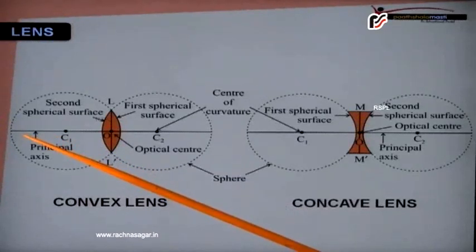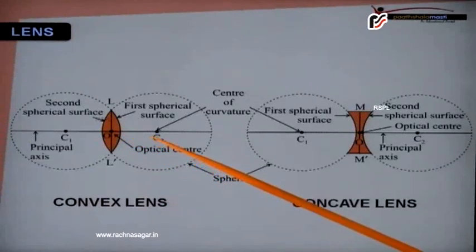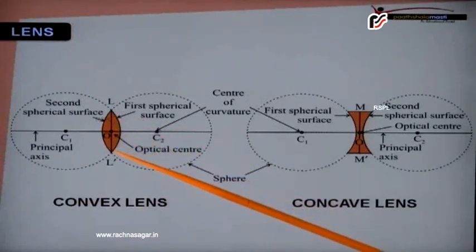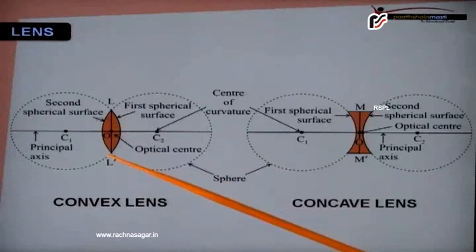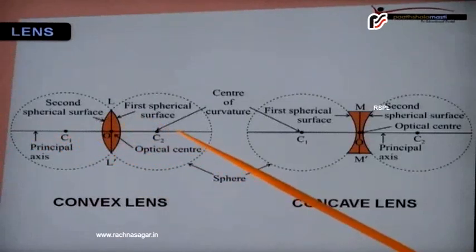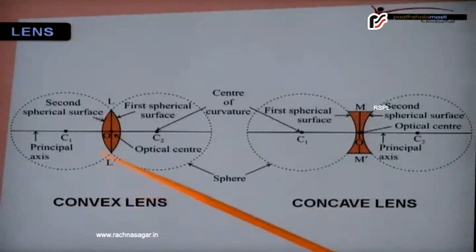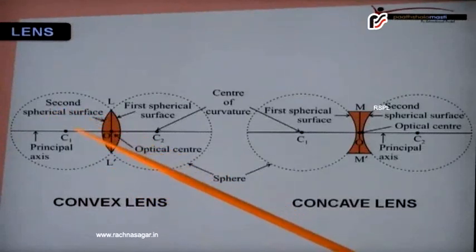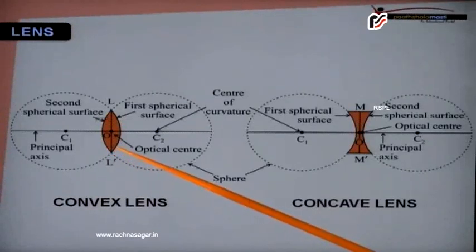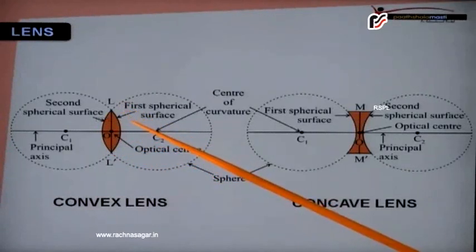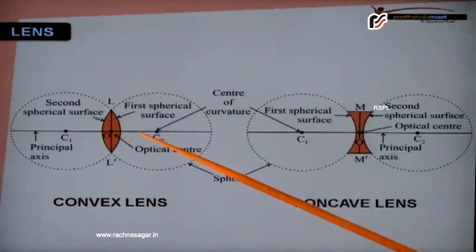A line passing through the optical center and perpendicular to both of the faces of the lens is known as principal axis. A convex lens is also called a converging lens, because if the rays of light come from the left side of the lens, after refraction they converge at the principal axis on the right side.